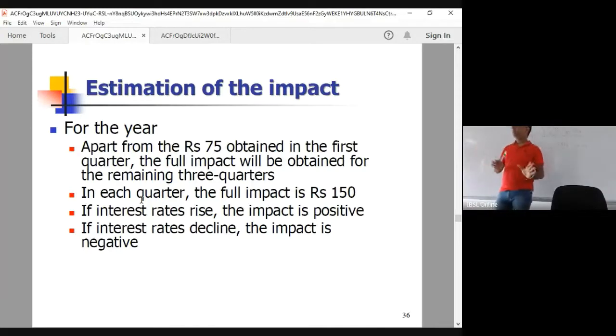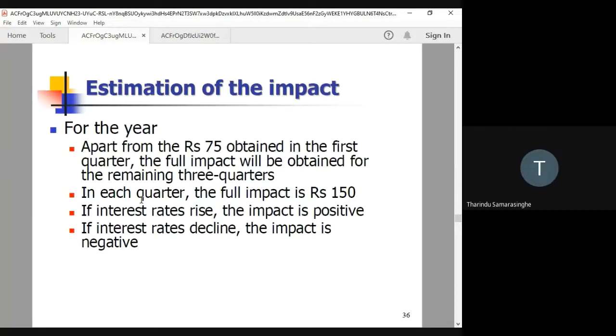Think of it very practically. You have given a loan that is 3 months. You have more loans than you have deposits for 3 months or 1 year, whatever. And now interest rates have gone up, right? So you have more loans than you have deposits. Interest rates have gone up. Is it good or bad for you? It's good. Bad.